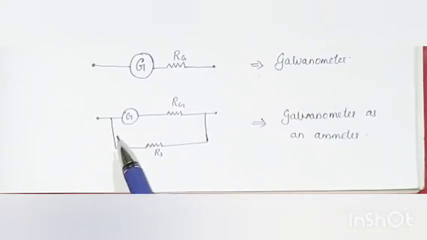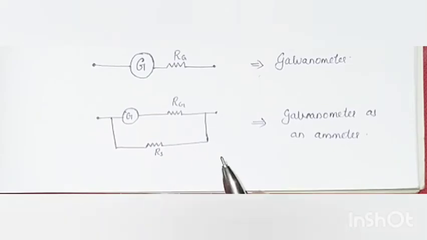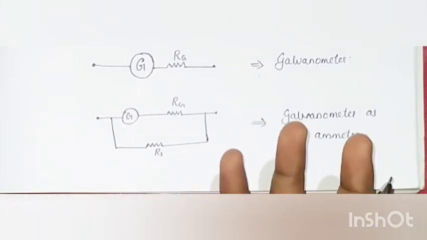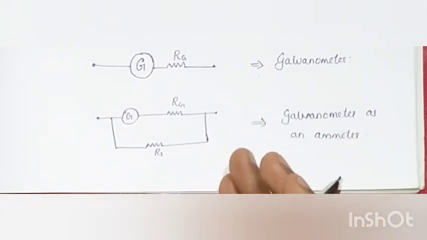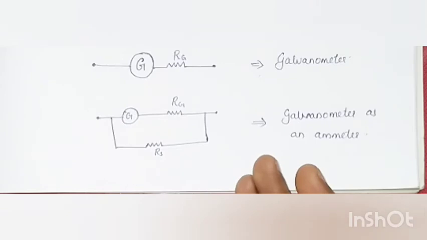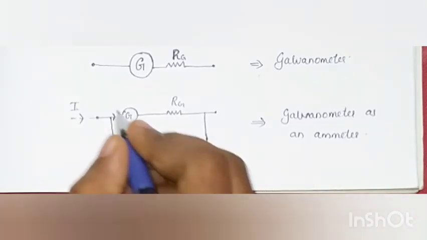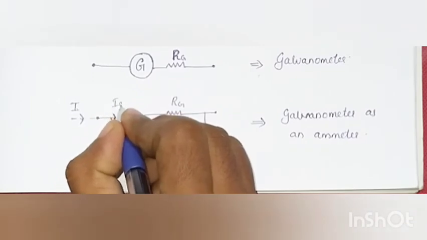And now if we once again observe the schematic arrangement of the ammeter, the problem that we had is that for larger current we won't get any deflection. So what happens now when we pass a larger current through this arrangement? Suppose the maximum current that this galvanometer can accommodate is Ig.